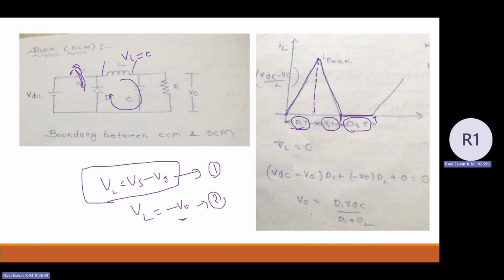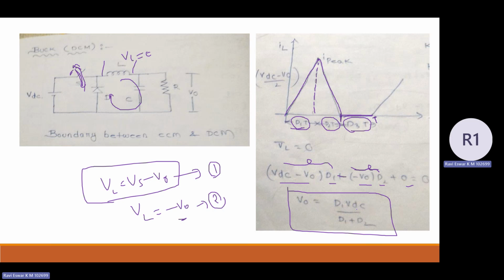Applying average voltage across the inductor zero: (VDC minus V naught) into D1 T, T gets cancelled anyway, plus (minus V naught) into D2, that is the inductor voltage area in mode 2, plus 0. From this I can write the output voltage as V naught equal to D1 VDC by (D1 plus D2).